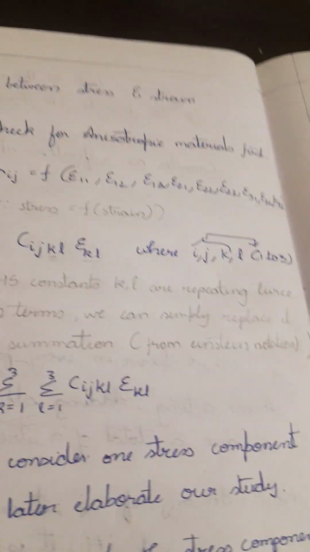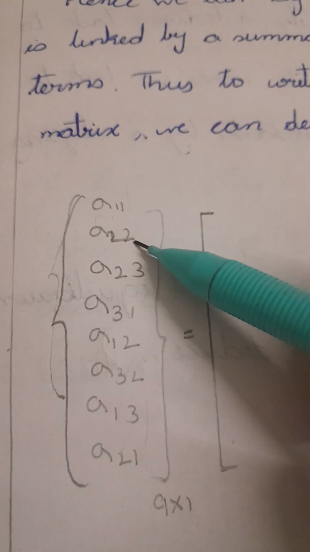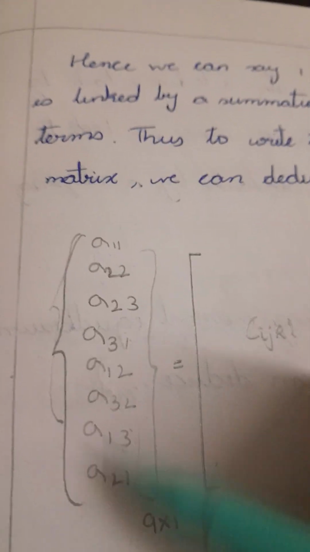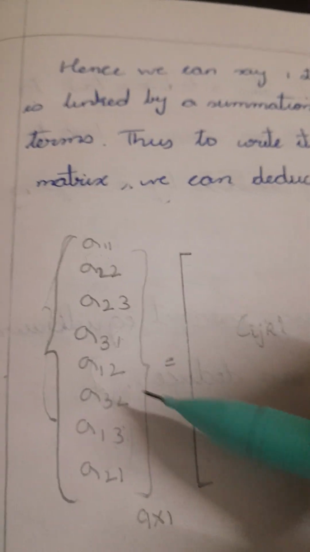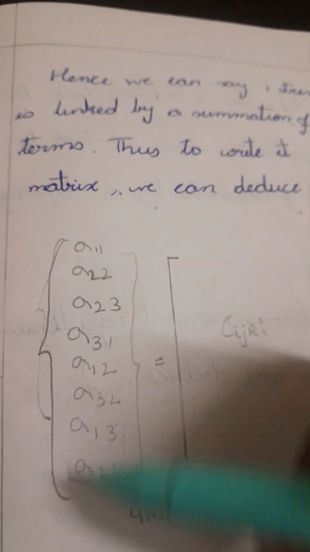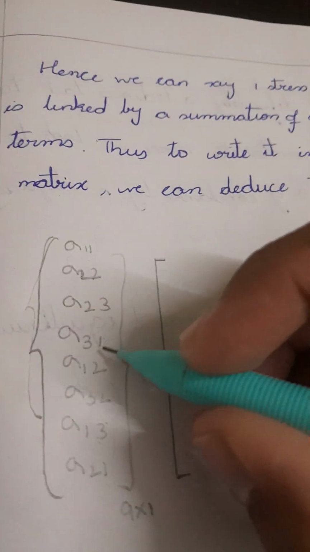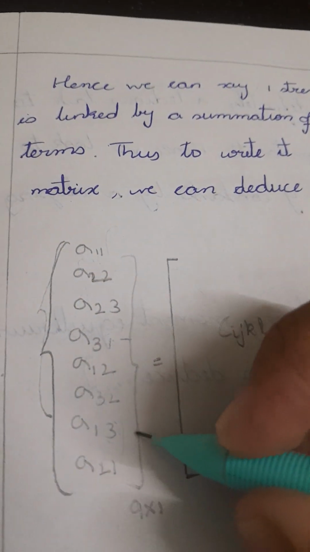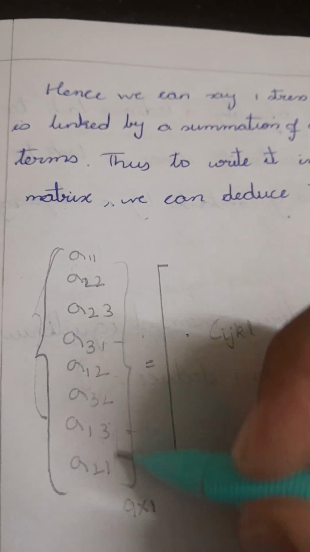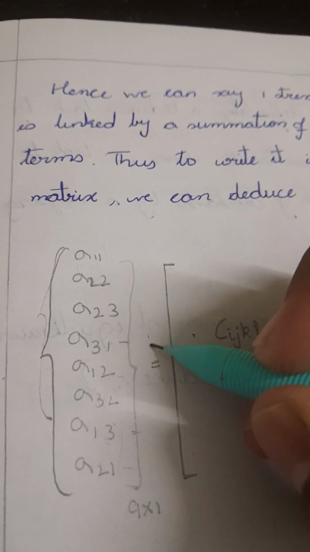So instead of writing 3 1 and 1 3, I would be just taking it as one element. I wouldn't be writing it twice. Instead of writing 1 2 and 2 1, I would just be considering one element instead of two different elements. So these 9 elements can be reduced to 6 elements, because ultimately 3 1 and 1 3 are the same. 1 2 and 2 1 are the same, so instead of writing these two, I'll just take 1.